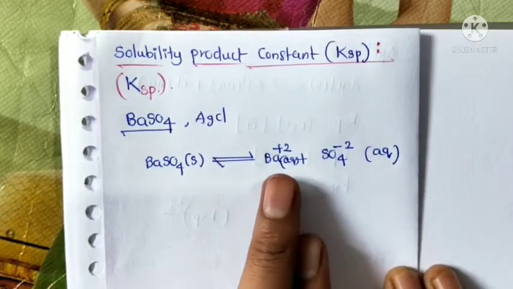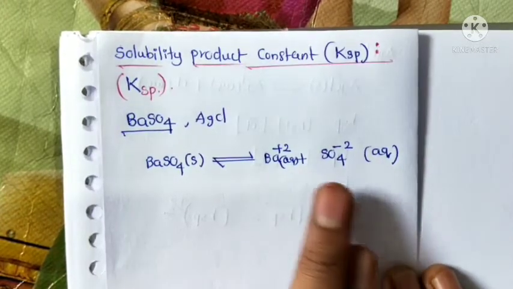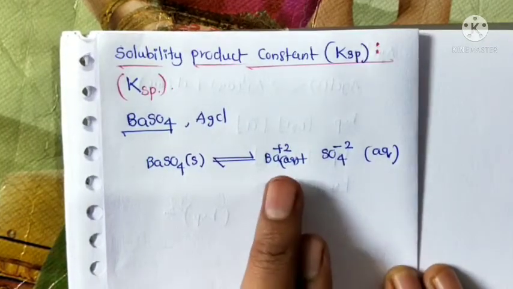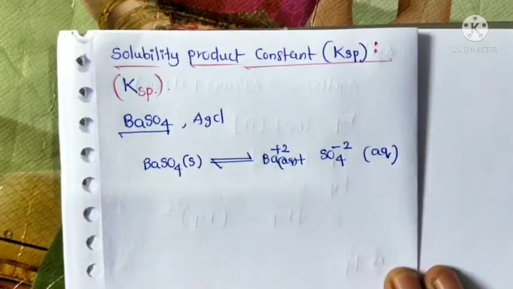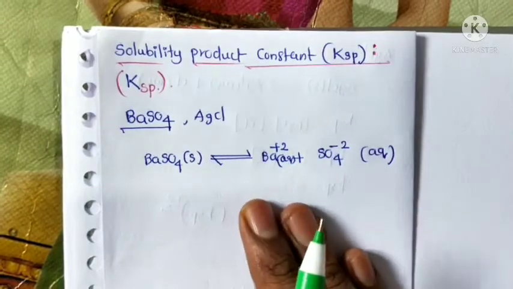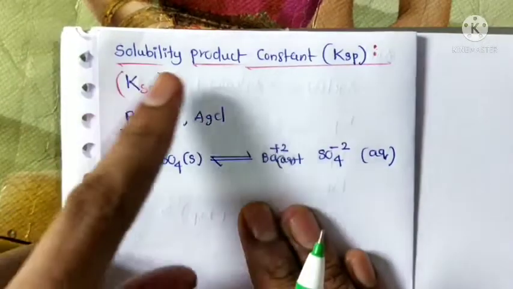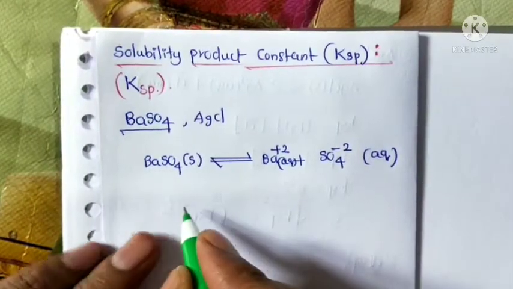Which ions? One is the cation, the second one is the anion. Sulfate anion, barium cation. Okay, so from this equilibrium we can determine the solubility product.